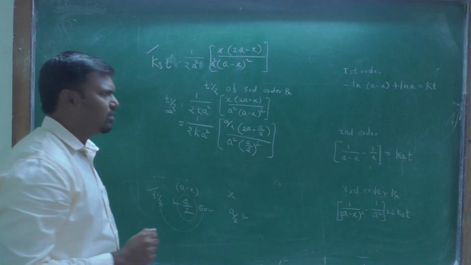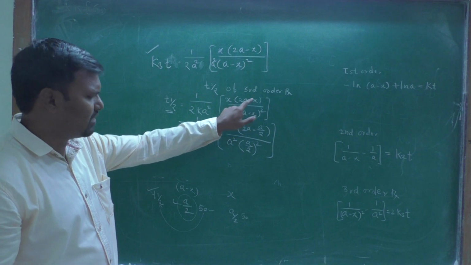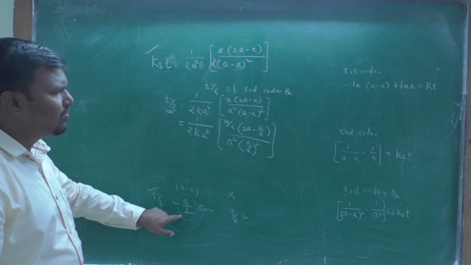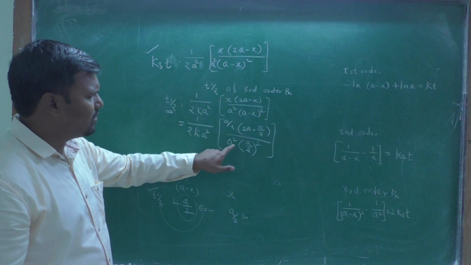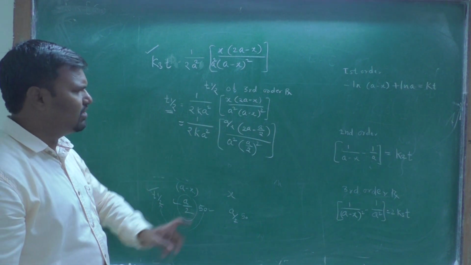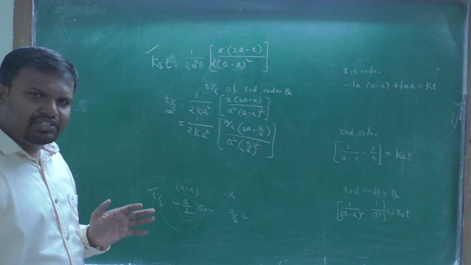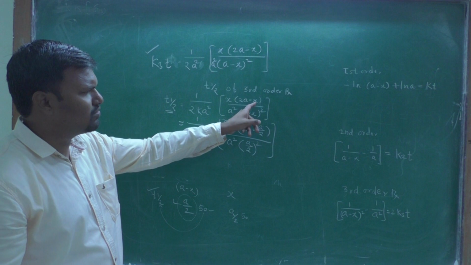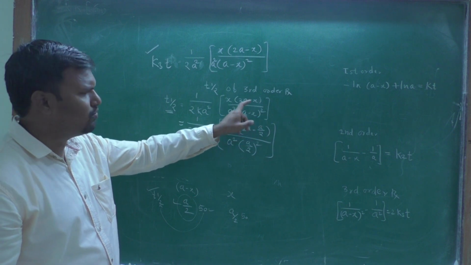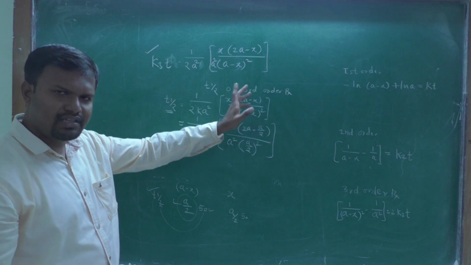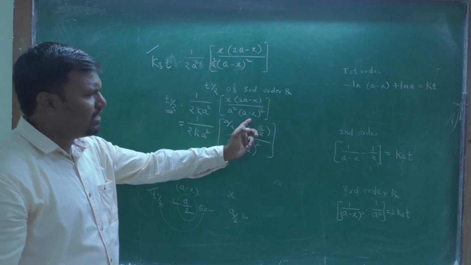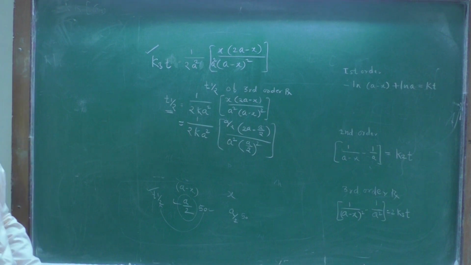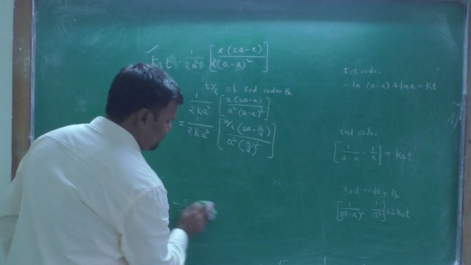Where x appears we put a by 2, a minus x as a by 2, and when a single a is there we put it as it is, and 2a we put as it is. Only when there is 2a minus x we just replace x with a by 2. If it is only a minus x, then we replace it by a by 2.